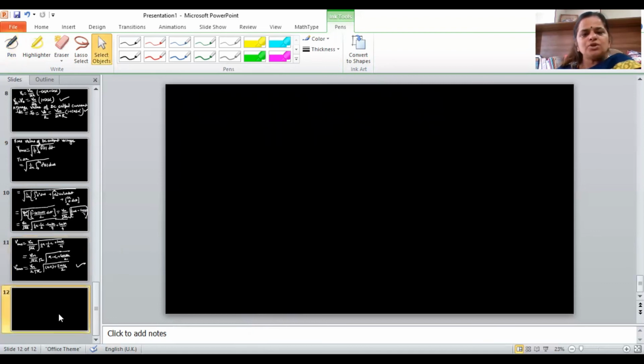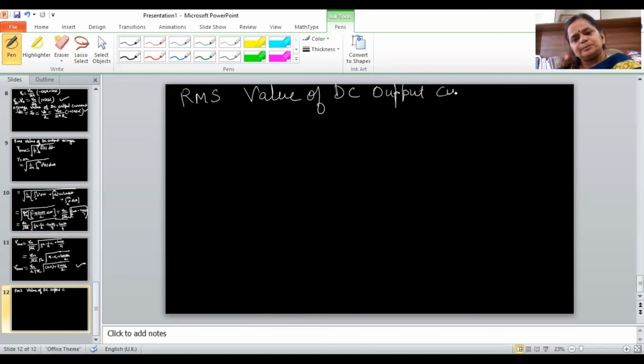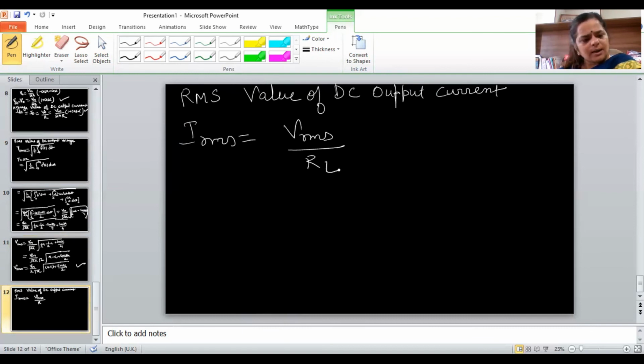Now if I want to calculate IRMS, the root mean square value, the RMS value of DC output current, that is IRMS, that is equal to VRMS by RL.